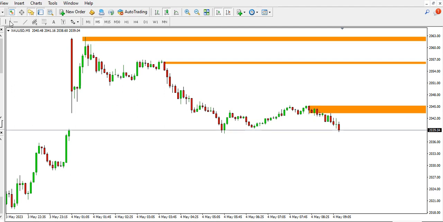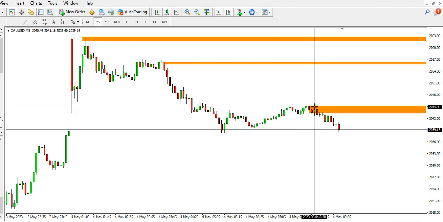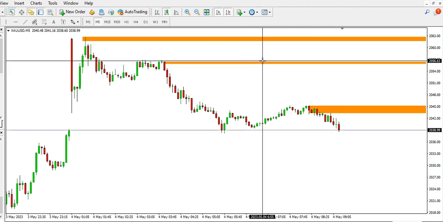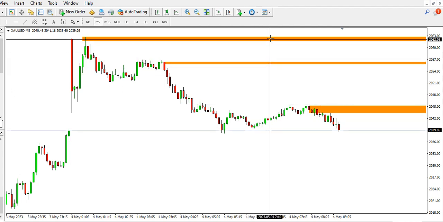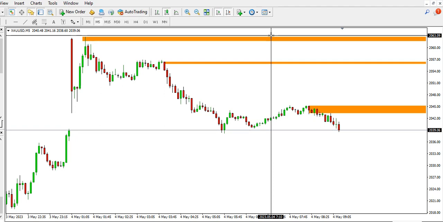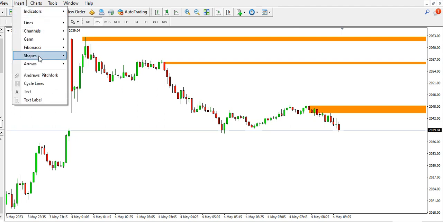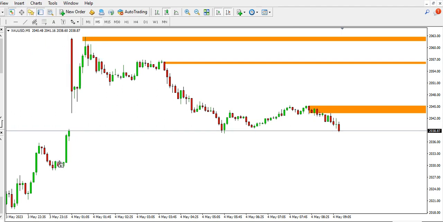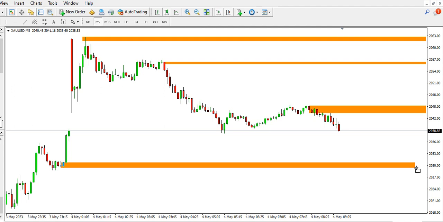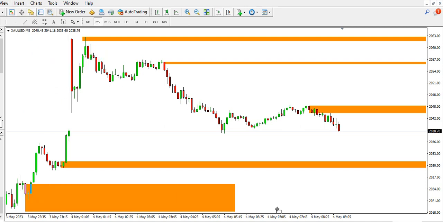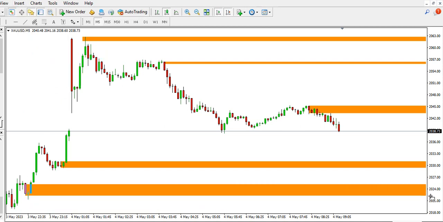So your stop loss could be at 2046, at 2057, or at 2064. As you sell, your take profit, if you are scalp selling, could be around 2030, or around 2020. So look for selling opportunities.